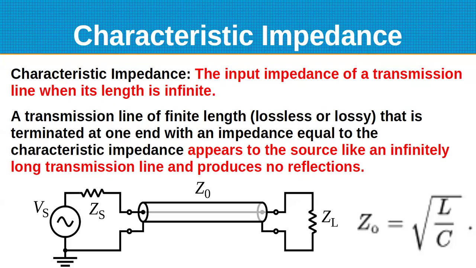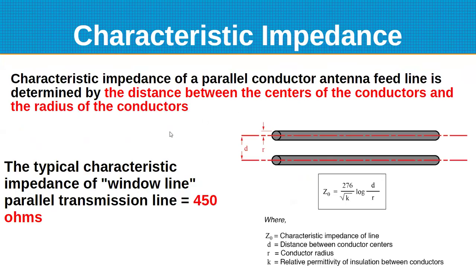And we'll talk about that in a little bit, because transmission lines, whether they're coax or parallel lines, have loss, and loss goes up with frequency. If it's a parallel line, the characteristic impedance is determined by the distance between the conductors and the radius or diameter of the conductors and whatever is separating them, called the dielectric.